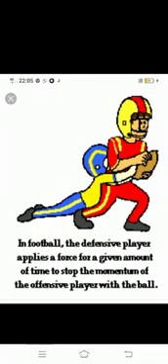Here you are watching in the images that in football, the defensive player applies a force for a given amount of time to stop the momentum of the offensive player with the ball. Here the player increases its time to catch the other players.